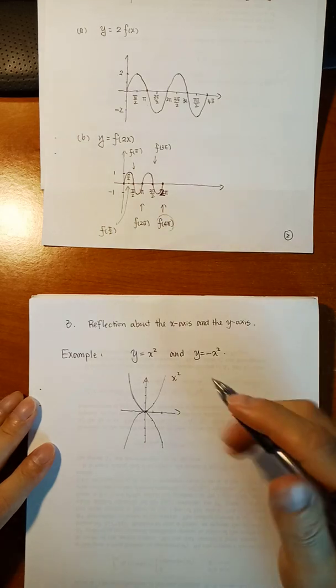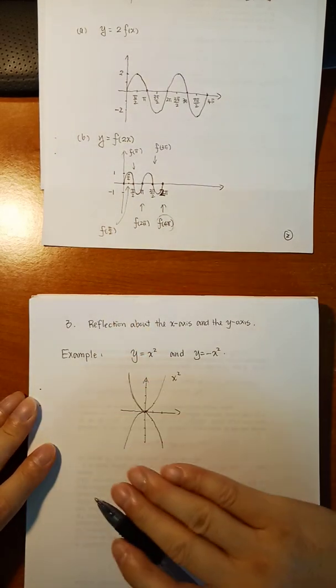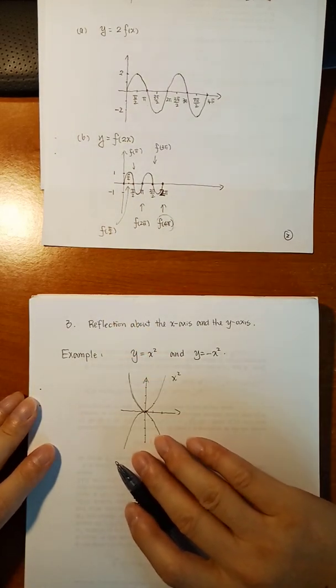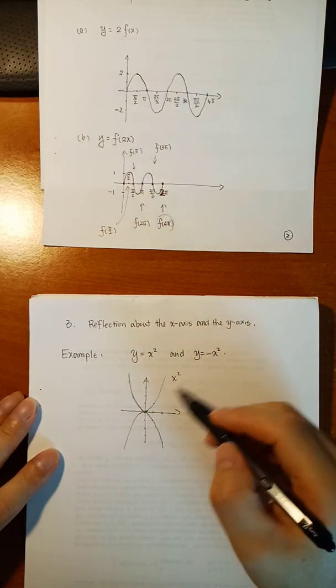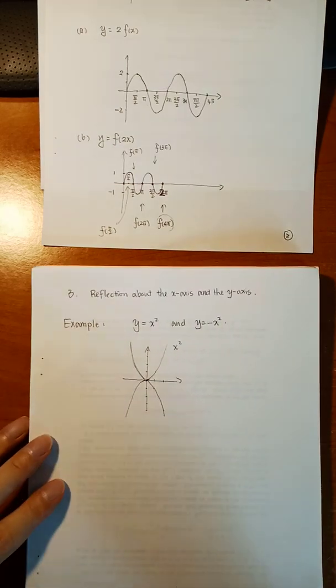With this negative sign, you actually flip it down with respect to the x-axis. So this is what we call the reflection about the x-axis.